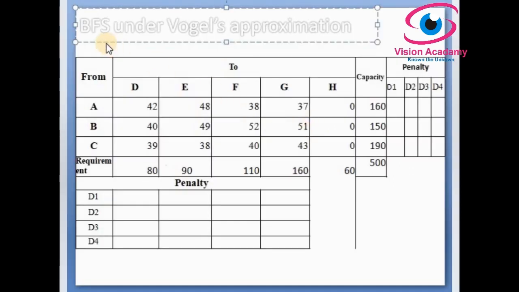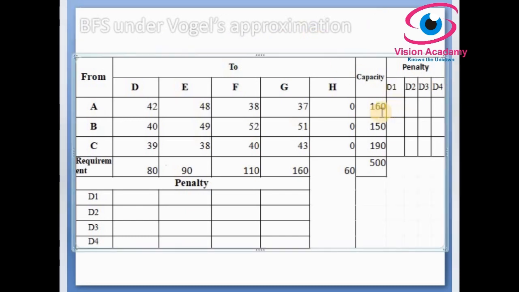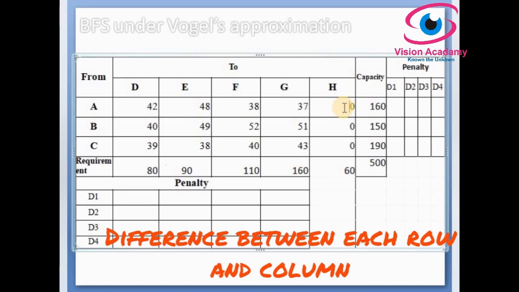Now let's calculate the basic feasible solution under Vogel's approximation method. As I said, these are the steps you need to follow. First step, take the difference in each row and column. Now I will concentrate on row A. In the cost sheet, the first least cost is 0 and the second is 37.